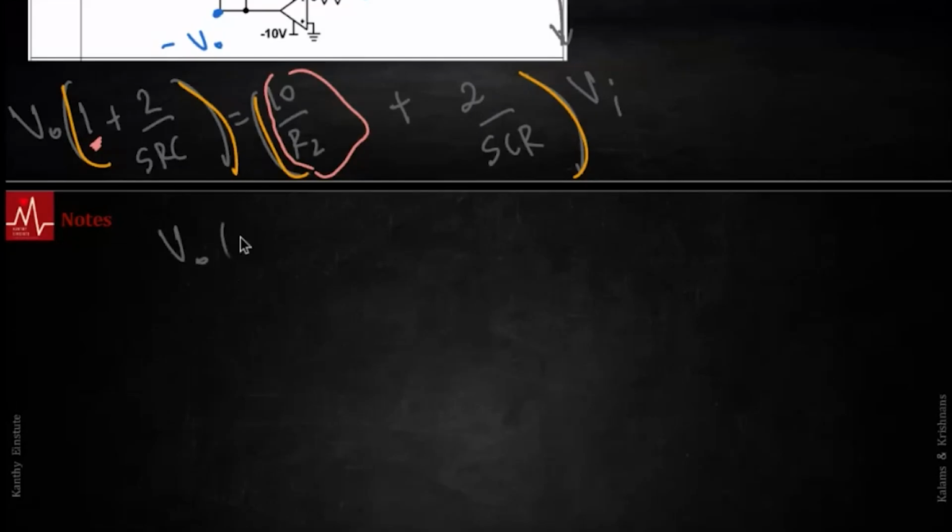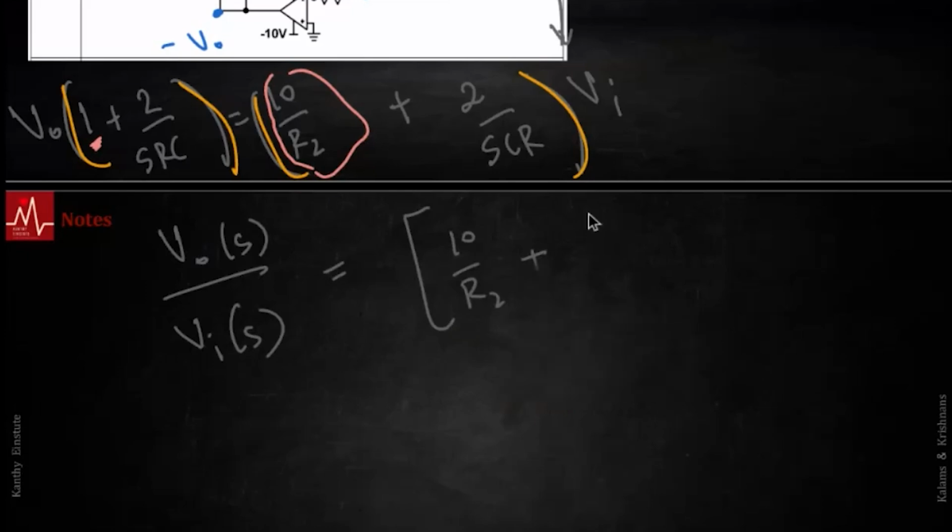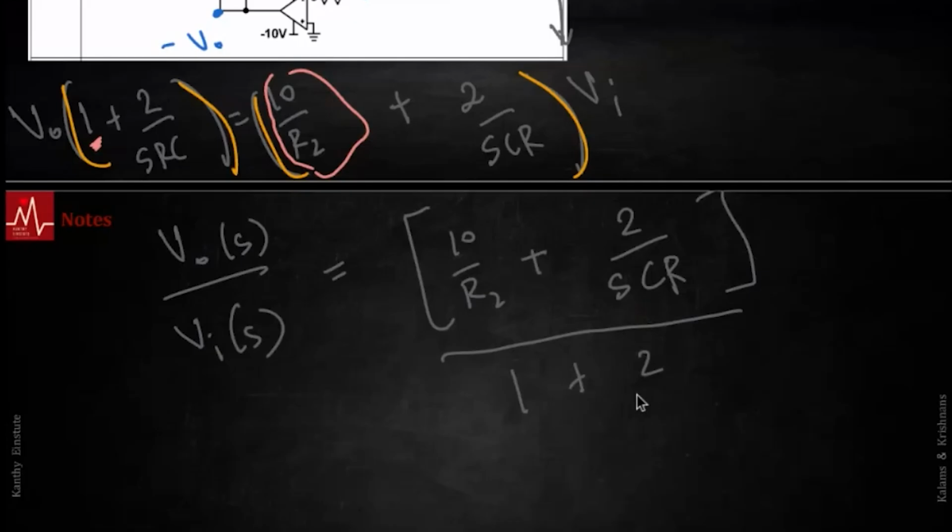V naught of S by VI of S equals 10 by R2 plus 2 by SCR in the numerator, and in the denominator I have 1 plus 2 by SCR.